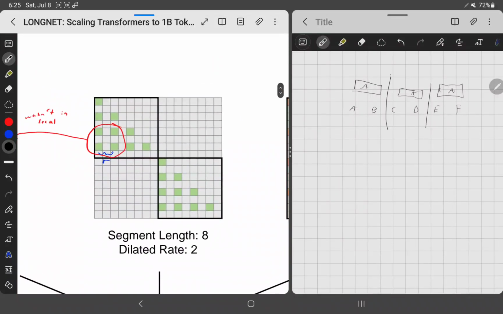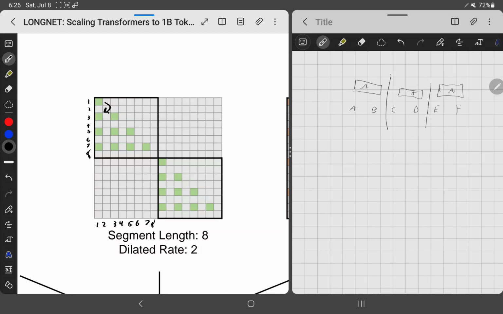Now, what if we do a dilation? What if we increase the window size, but also do a sort of dilation between the attention scores? Again, this is causal, so the upper triangle is not attended to. Token 1 attends to token 1, but nothing attends to token 2.